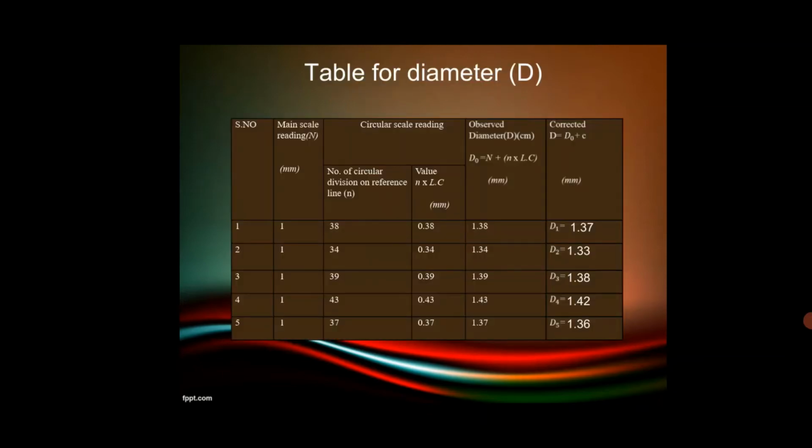Table for diameter. Please note down your observation and please cross check your observation. The main scale reading for each observation is 1 millimeter, and check the corresponding circular scale division for each observation, and the final corrected readings are 1.37, 1.33, 1.38, 1.42 and 1.36 millimeter.